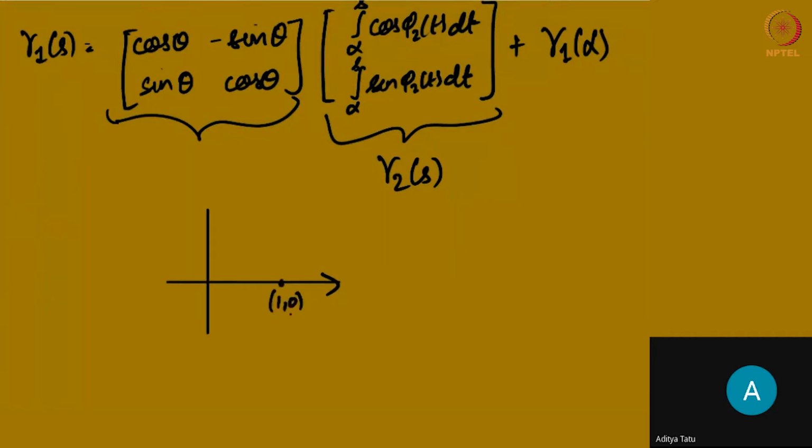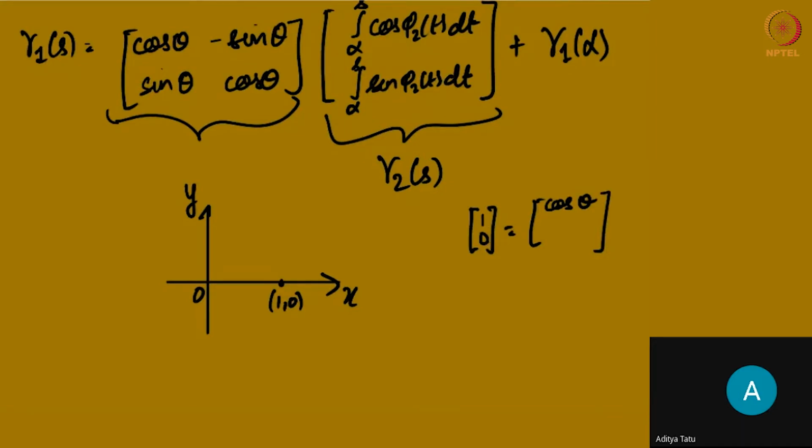This is x axis, this is y axis, this is your origin. This matrix multiplied to the vector 1, 0 will give you what? The cos theta times 1 minus sin theta times 0. So you get cos theta. Similarly, sin theta times 1, cos theta times 0.